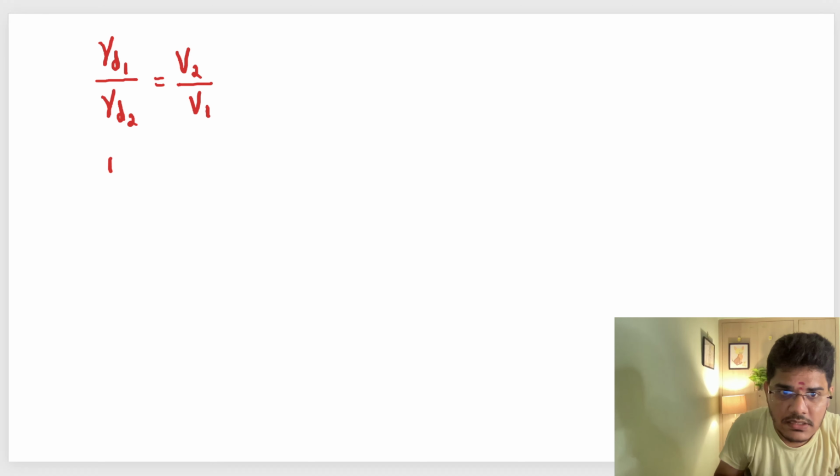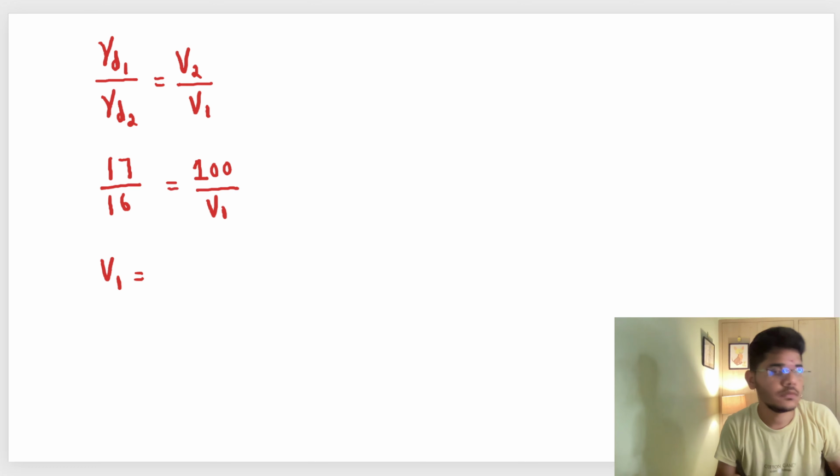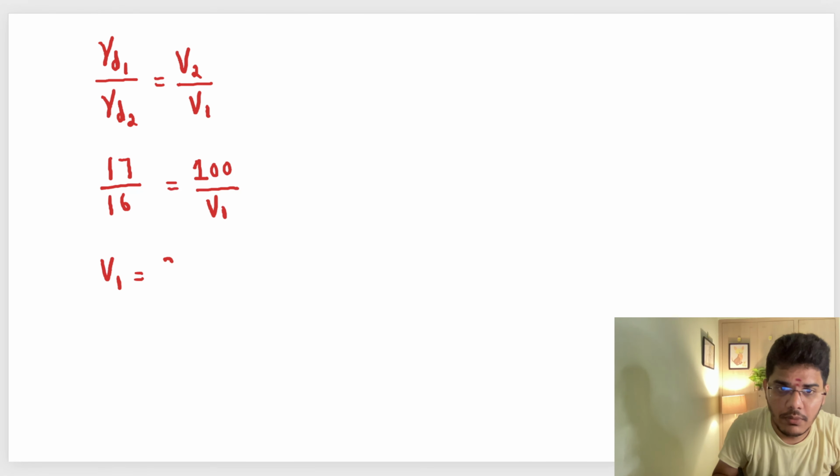Gamma d1 is 17 divided by gamma d2 is 16, that is equal to V2, which is 100, divided by V1. So V1 is equal to how much? 100 into 16 divided by 17, so 94.11 meter cube.